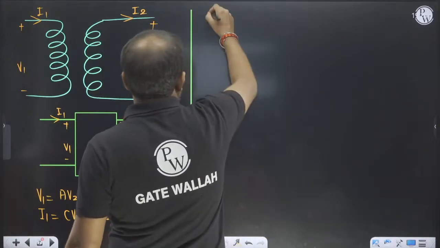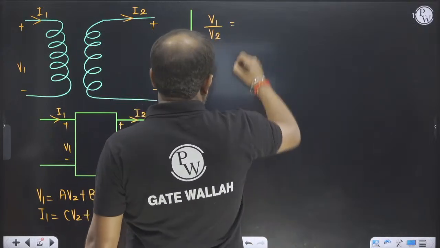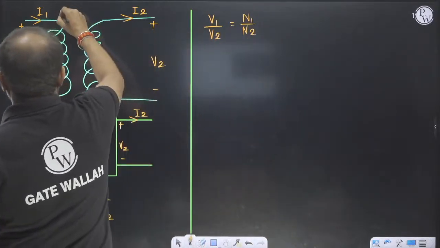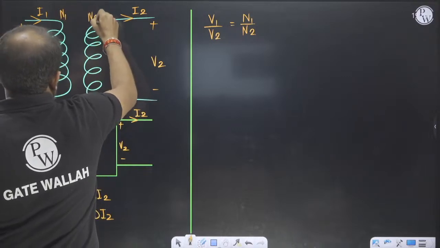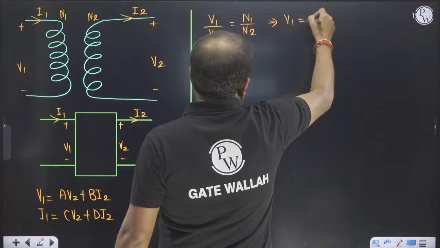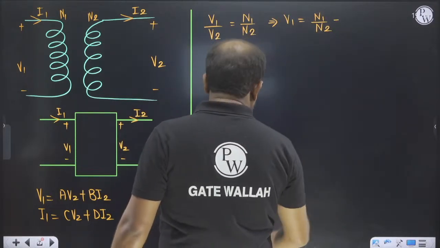Then V1 by V2 is equal to N1 by N2, where N1 is the number of turns here and N2 the number of turns there. So V1 is equal to N1 by N2 into V2.